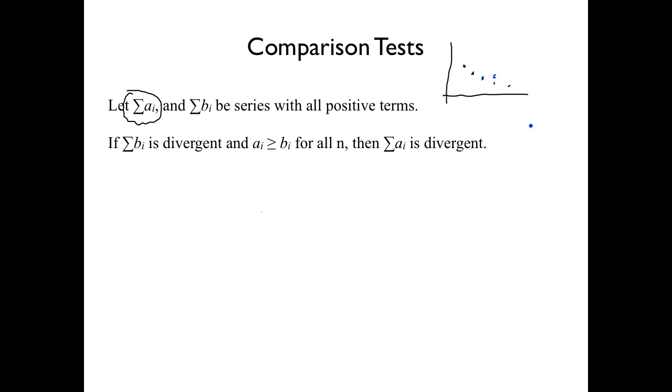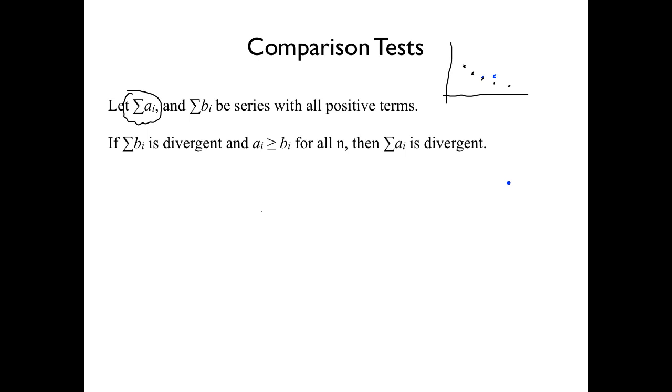And we had this other series, and we knew that it diverged, but the one we were looking at, the harmonic series, its terms were greater, right? Its terms were greater than or equal to all the terms of this other one, and so then we conclude divergence. So basically, if the one you're looking at is bigger than a divergent series, then it's divergent.